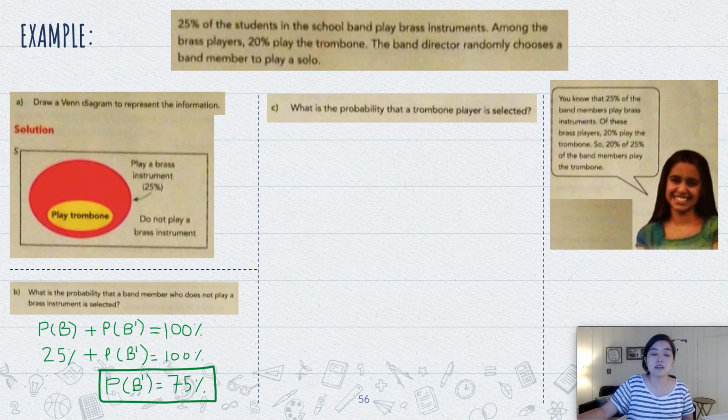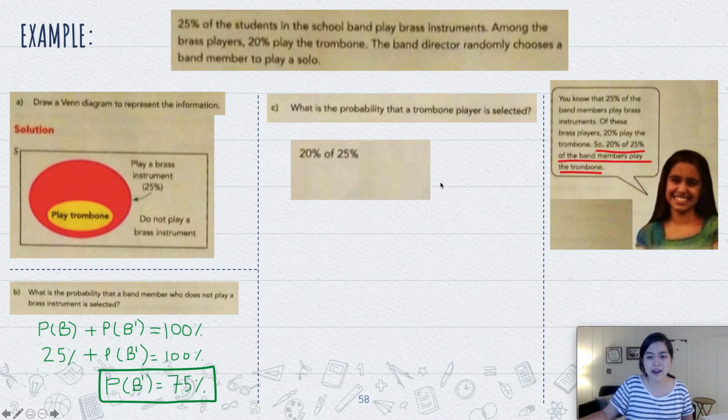Now let's look at C. What is the probability that a trombone player is selected? Those who play the trombone are represented by the yellow circle. And remember, 20% of 25% of the band members play the trombone. Now remember in math, whenever we have the word "of," what operation do we need to do?